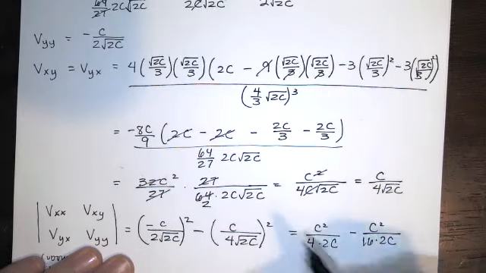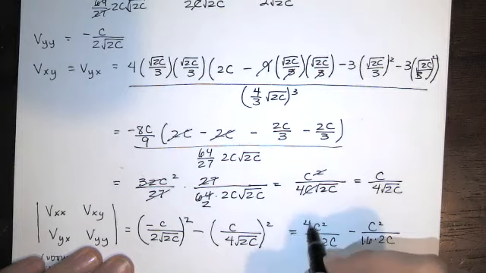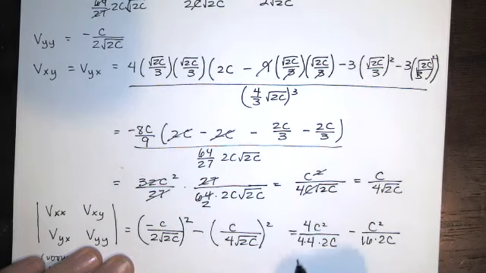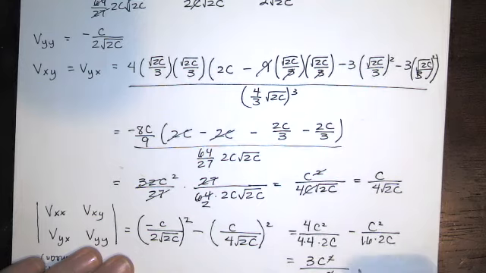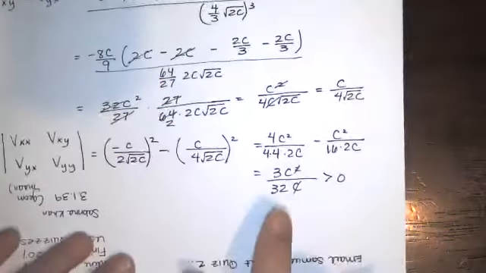They don't have a common denominator, so I'll multiply this guy by 4 over 4. We end up with 3c squared over, looks like 32c. So those reduce. So D is positive.